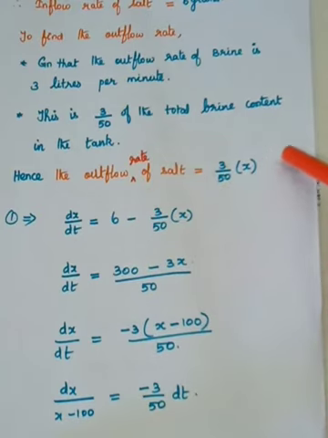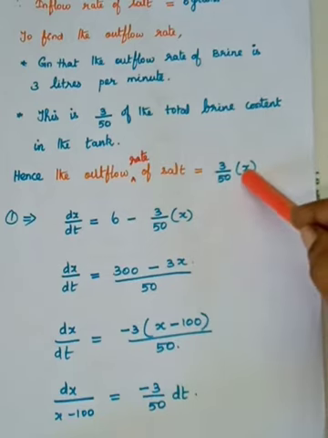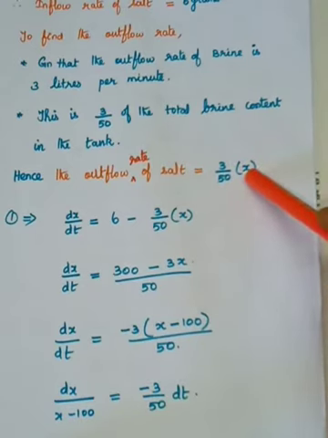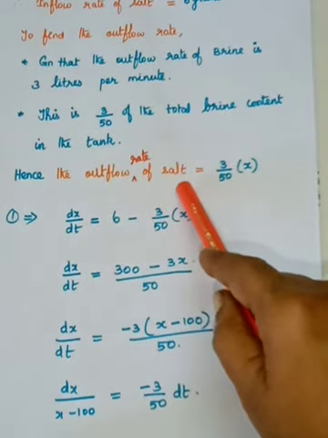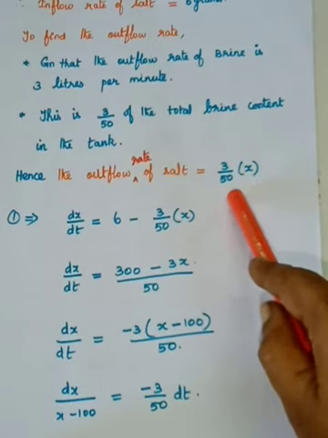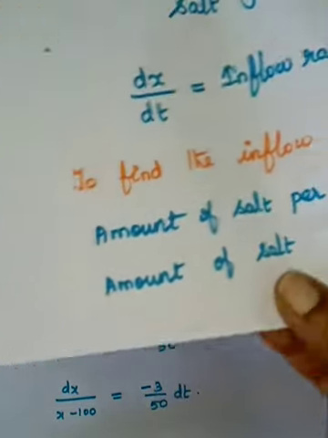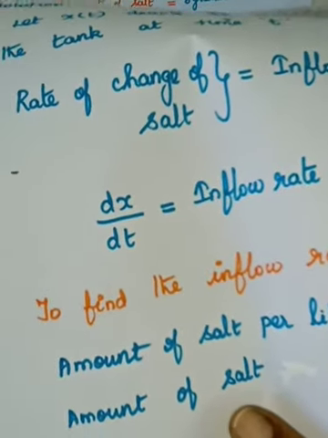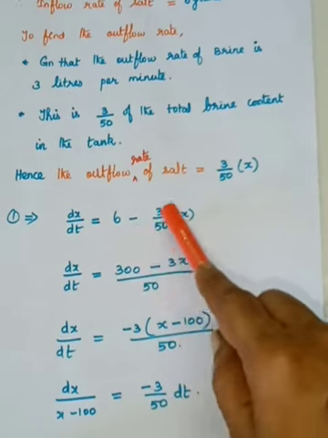So 3 by 50 of x flows out of the tank per minute. Therefore the outflow rate of salt is 3x by 50. So what is the formula we have used? The rate of change of salt, dx by dt, is equal to inflow rate minus outflow rate.